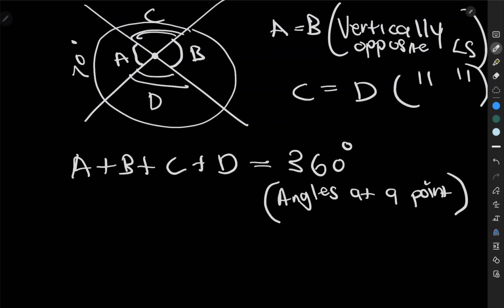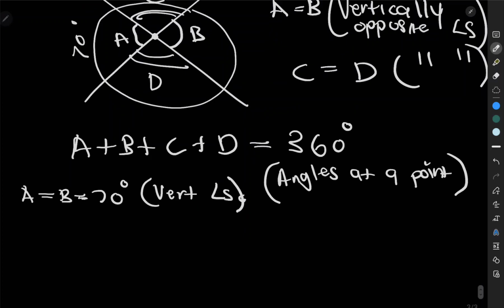You're not given the value of C, D, or B, okay? So the first deduction that we're going to make is, obviously we know that A is equal to B, and if A is 70, that means B as well will be 70, okay? And the reason for that is vertically opposite angles.